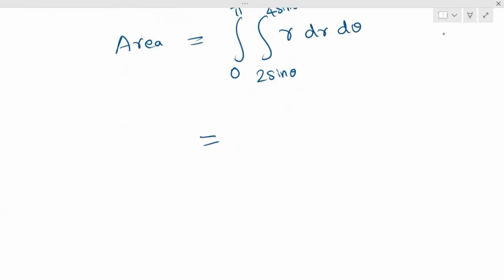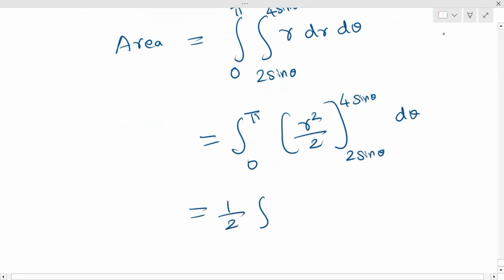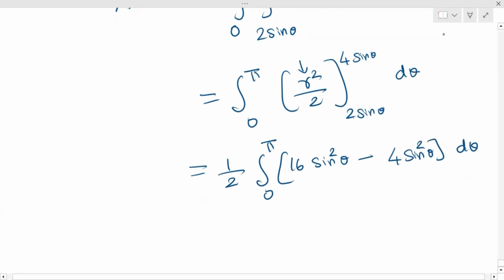Okay, now we do the integration from 0 to pi. r integration is r square by 2, from 2 sin theta to 4 sin theta, d theta. Take 1 by 2 outside, 0 to pi. Apply the upper limit: 16 sin square theta, minus the lower limit r equal to 2 sin theta, which gives 4 sin square theta, d theta. So we will get 12 by 2, that is 6, integral 0 to pi sin square theta d theta.